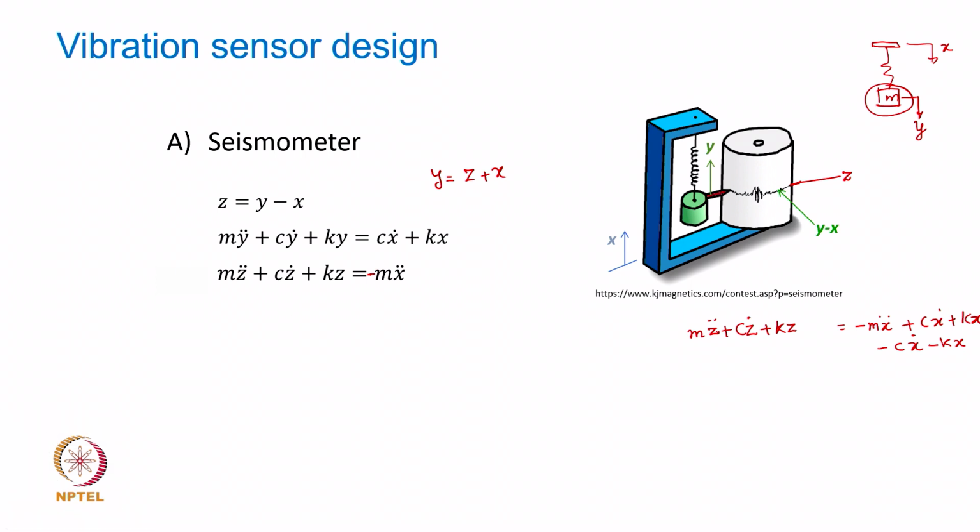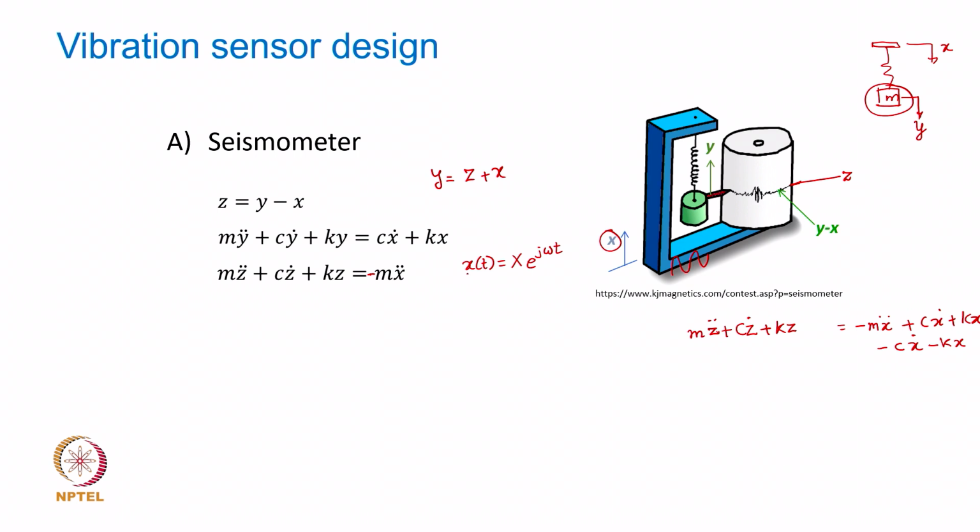Okay. Now, what do we do? I have an impressed ground motion x, and going by our usual procedure, writing x as X e to the power j omega t. That means I am assuming that the ground motion is harmonic.